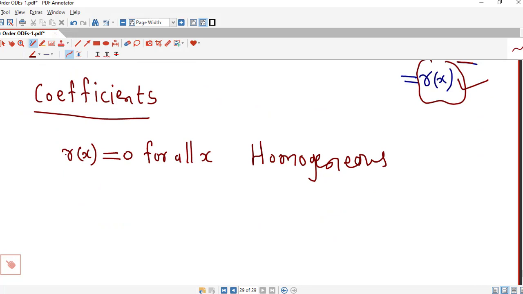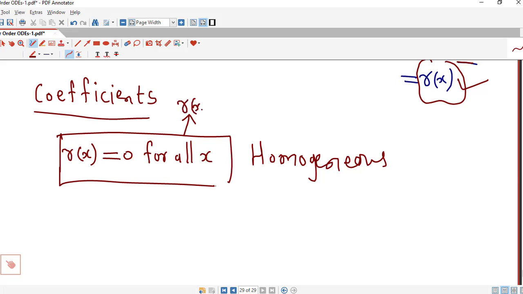Instead of writing this whole thing, we can simply write that R(x) is identically equal to 0. That means R(x) has value 0 for all x. It is a constant function and the constant value is 0.